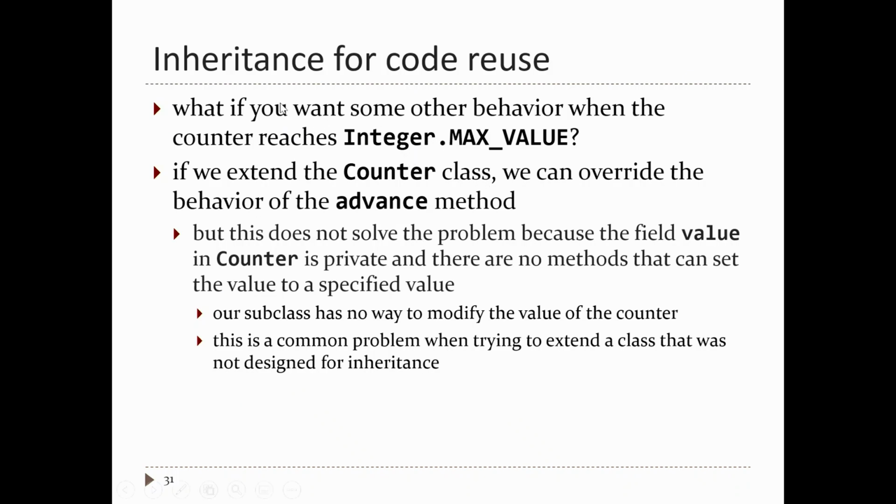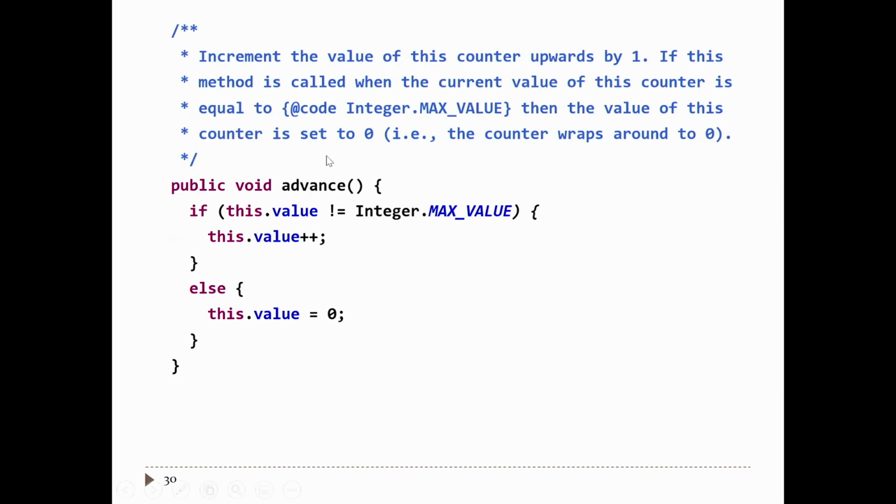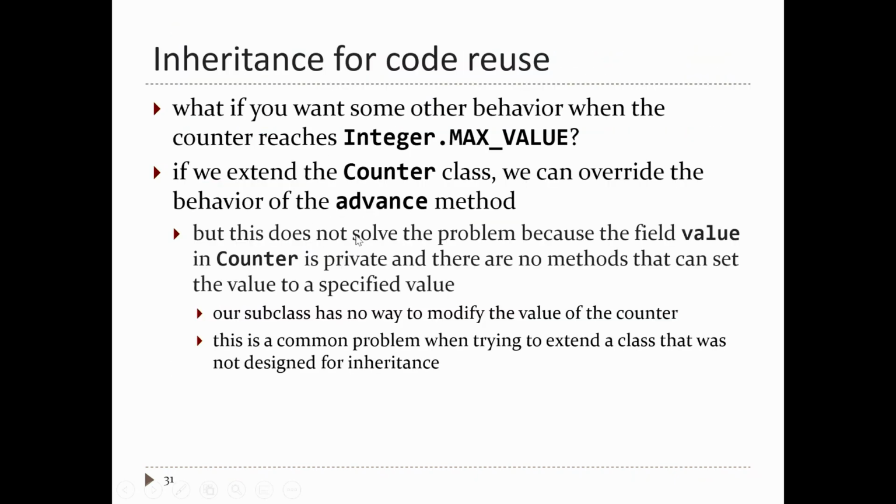All right, so if you want some other behavior when the counter reaches its maximum value, one way to do this is to extend the counter class. When I extend the counter class, I can override advance to change how advance behaves when you hit the maximum value.